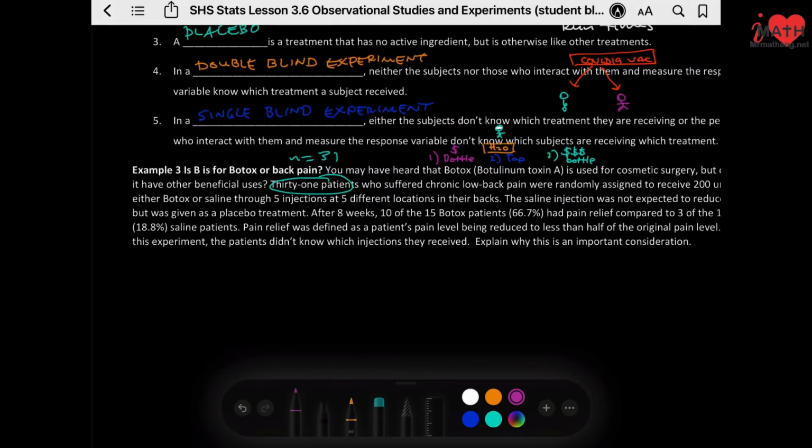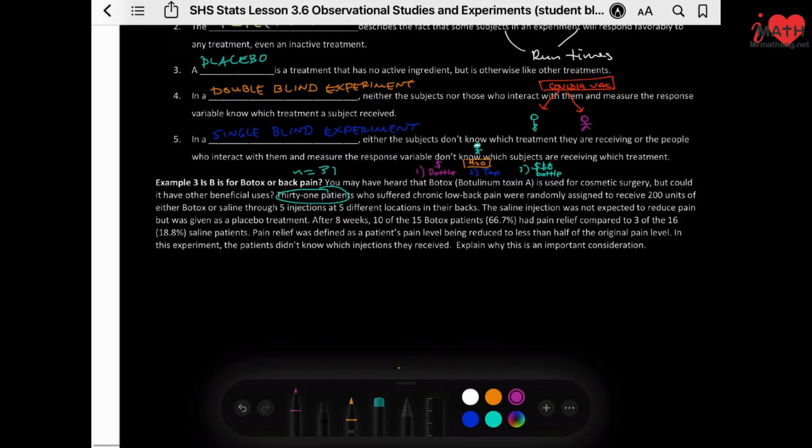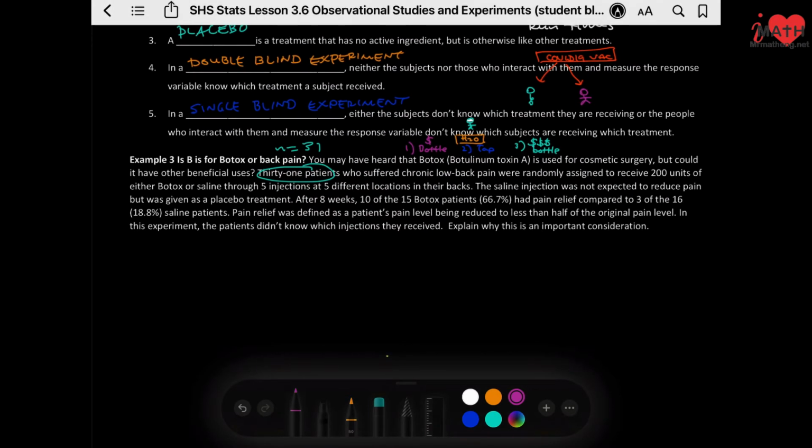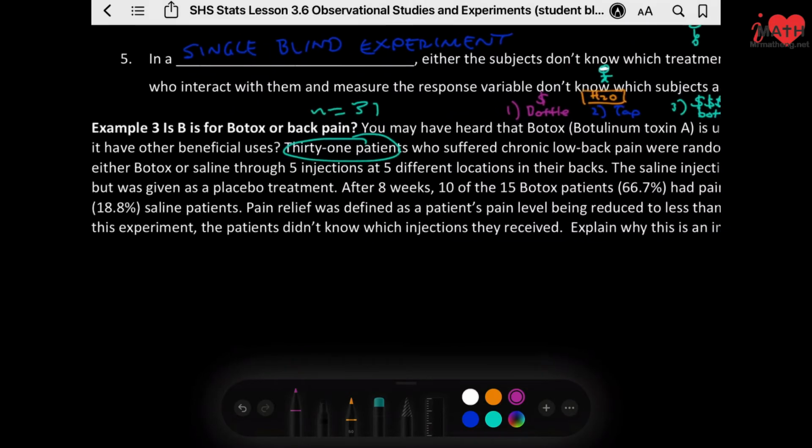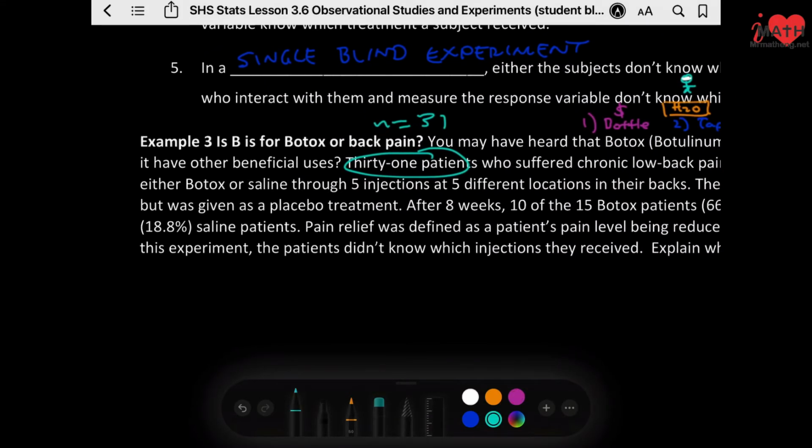Okay, they'll tell us, so I don't have to explain it. Through 5 injections at 5 different locations in their back. The saline injection was not expected to reduce pain, but was given as a placebo treatment. So you're either given Botox or saline. Saline is basically like salt water.